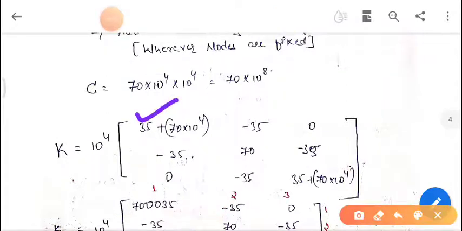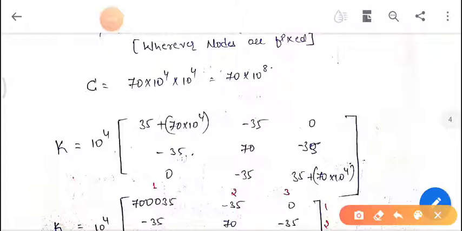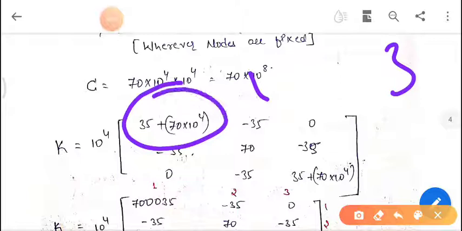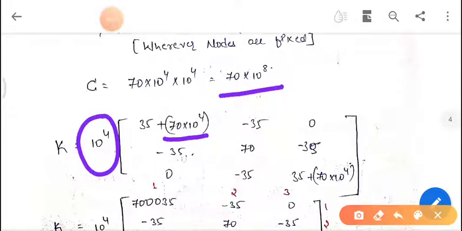35 is already there, and we have added this 70 into 10 raised to 4. Similarly here in the last, wherever the nodes are fixed, we need to add this value. As we know that first node and third node are fixed, in the first node we have added this value C, and in the third node we added this value C. Here it is 70 into 10 raised to 8, but we have added only 70 into 10 raised to 4, because 10 raised to 4 is already taken as common.